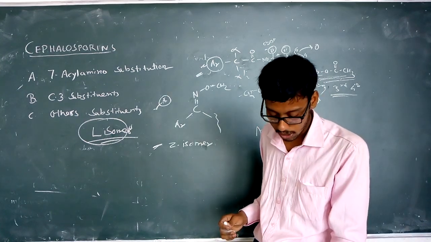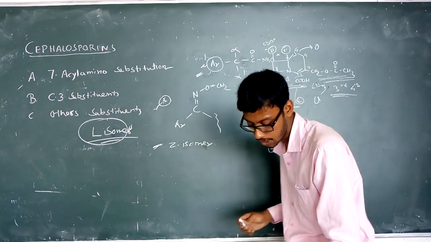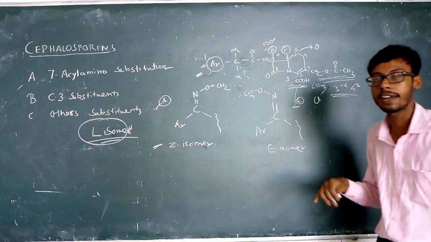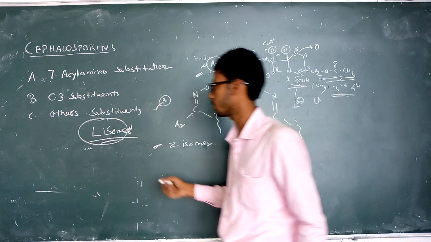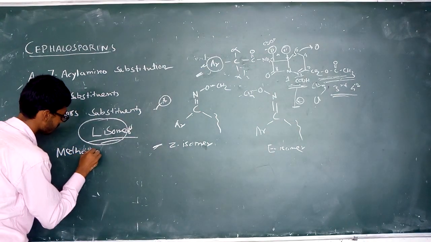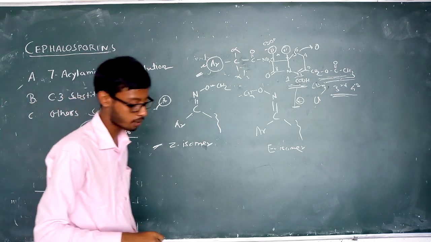Addition of a methoxyoxime at the alpha dot position increases the stability. This group, the methoxyoxime, is responsible for increasing the stability about 100-fold.